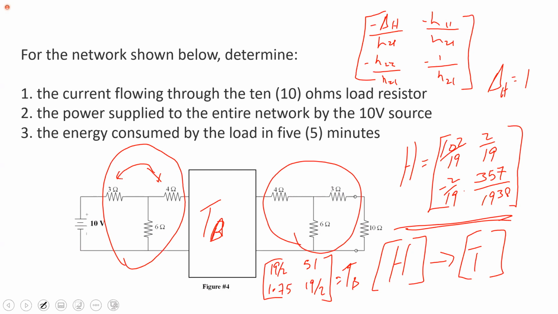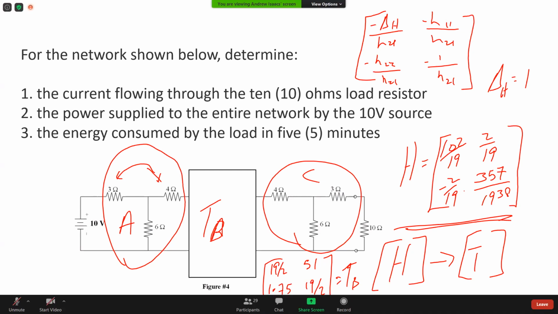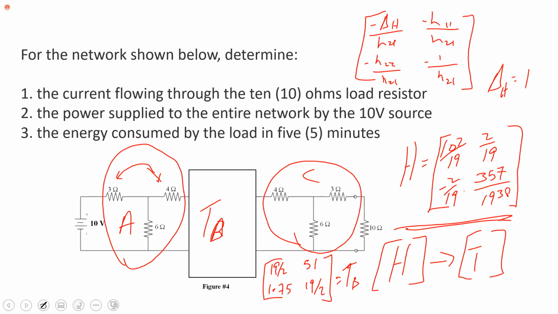Once you have determined the transmission parameters, and let's call this network A, and that's network C, once you have derived the transmission parameters for A, you automatically will have those for C. But you need to note that the 4 is here and the 3 is here, over here the 3 and then 4. That's the only difference. So I'll just give you TA.